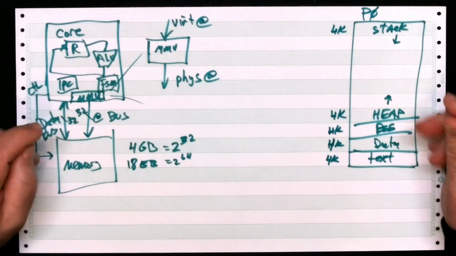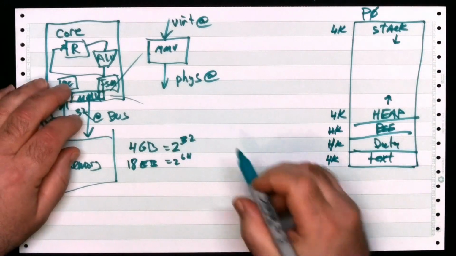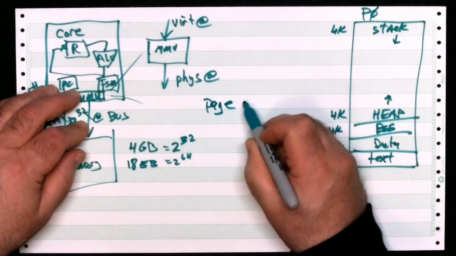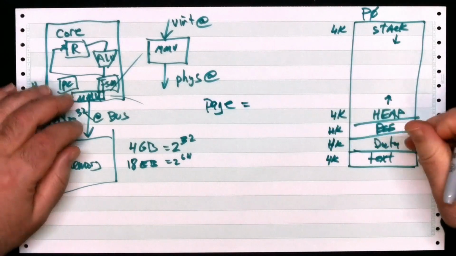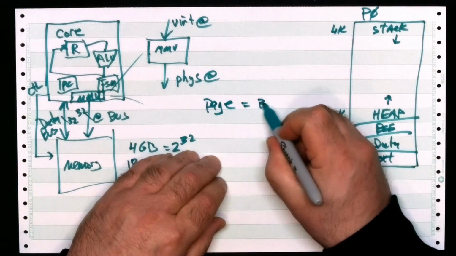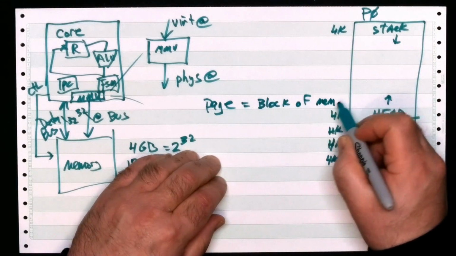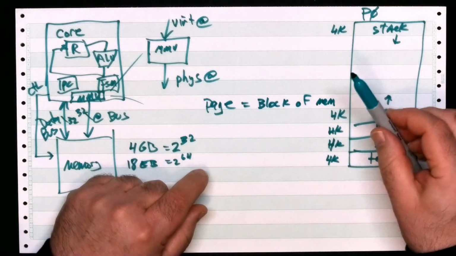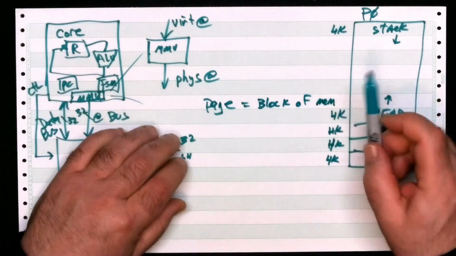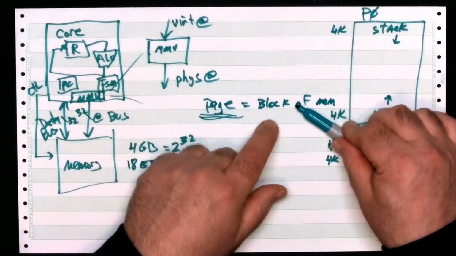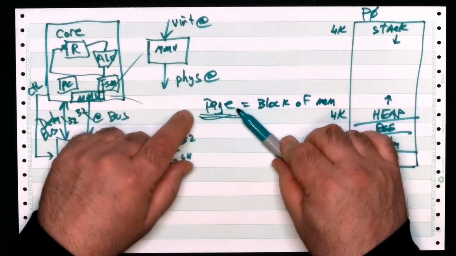And let's further define a concept called a page, all right? Let's define a page as a block of memory, and what we're going to do is design a system that allocates memory in blocks, each of which are the same size.